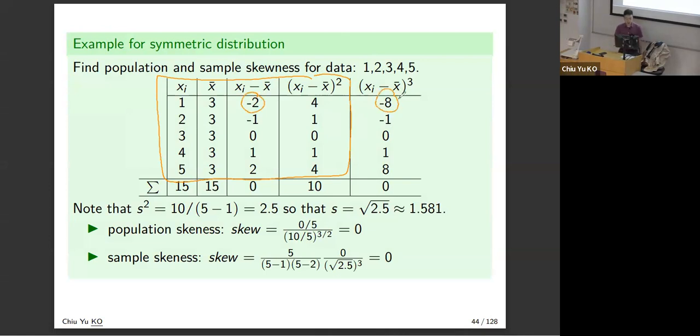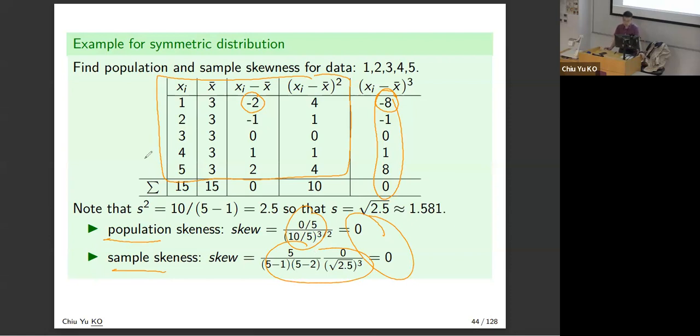Okay, and it turns out that, as we expect, the sum of this skew will be 0, right? Because 1, 2, 3, 4, 5 is symmetric. As you expect, no matter whether you calculate population or sample, it is all 0. Okay, I'm not going to go through how each number maps to each of those. You should be able to plug it in by yourself. Okay, if you are unable to do it, ask me later.